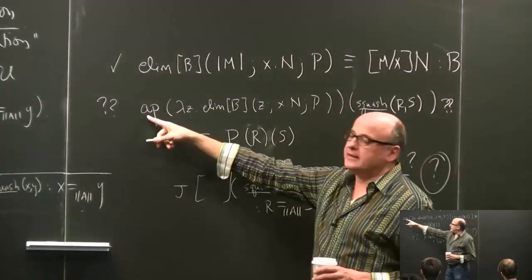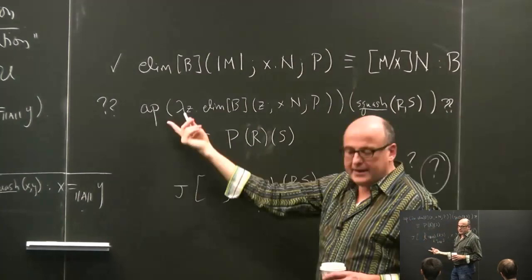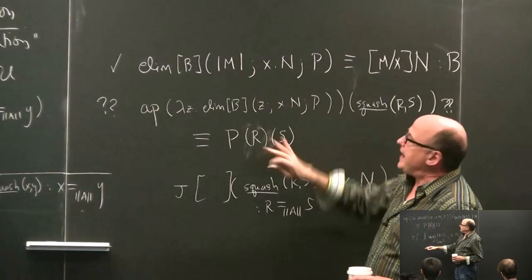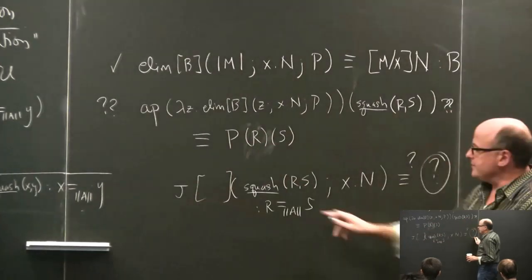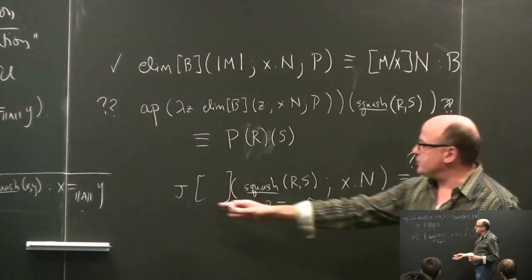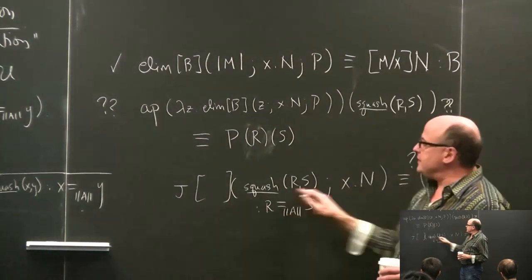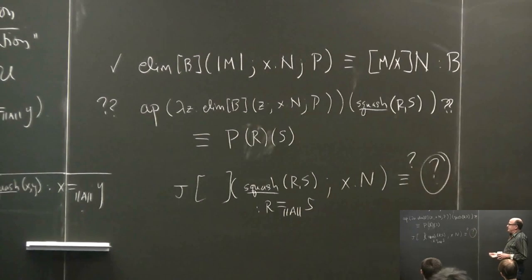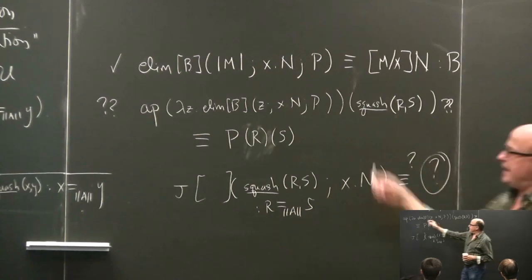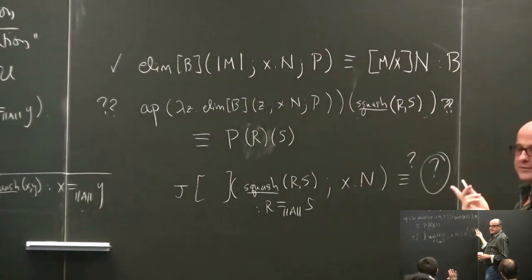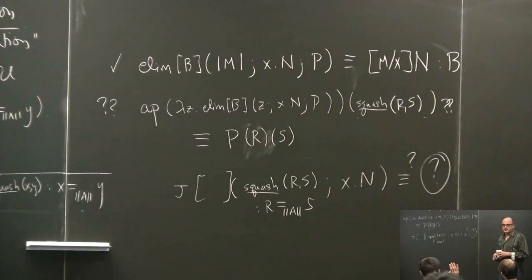Because the action on paths is defined in terms of J. So you'll have to remember when you go back and look at it. If you unravel it, really the issue is poor J doesn't know what to do on squash because nobody ever told it what to do on squash. All it ever knows what to do about is instances of reflexivity. So from a computational point of view, it's stuck. So this and this amount to the same thing, because the action on paths for some function takes this guy and does a J on it, and then actually it yields the identity type, because of the reduction to reflexivity.